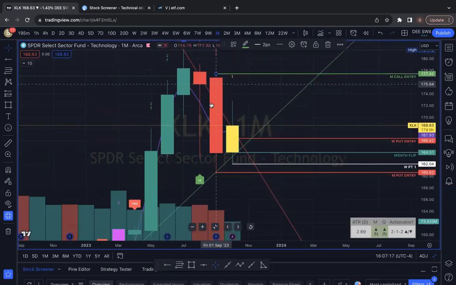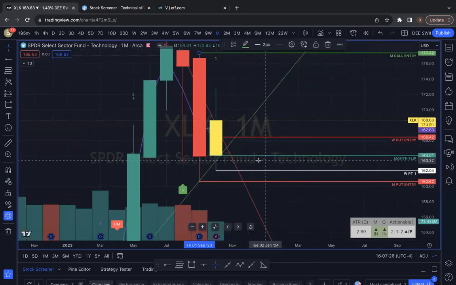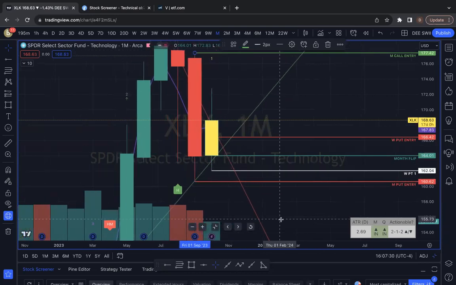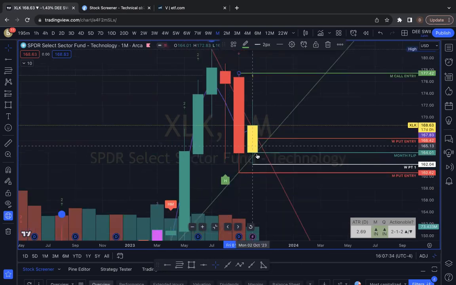I want to know where am I in relation to the higher time frames? If I was swinging on the weekly and I happen to come down to this level, I know, oh, now we're taking the month down red. That's a more aggressive move. I have a higher time frame telling me we're going 2 down on the month.